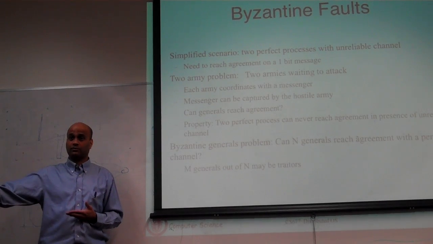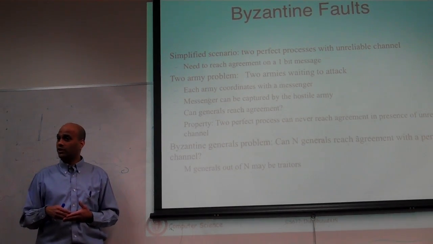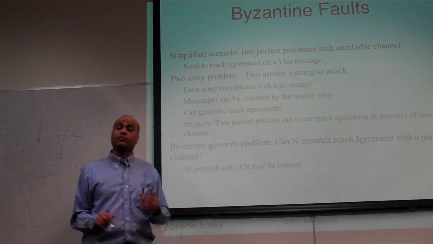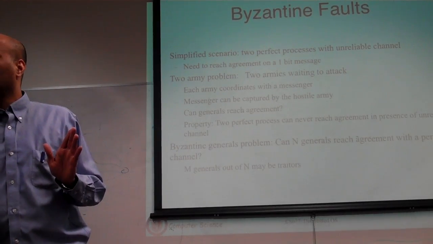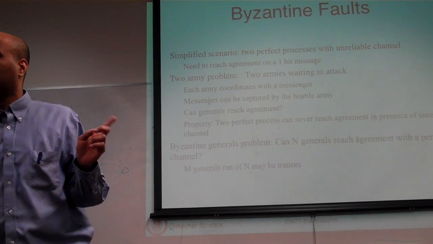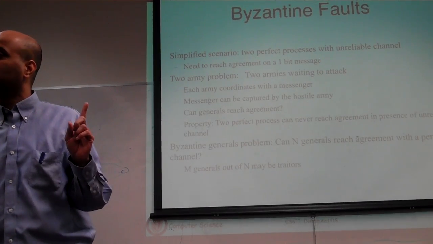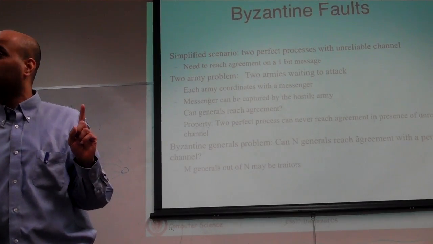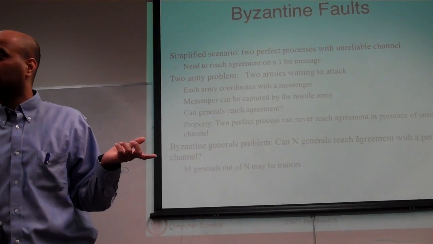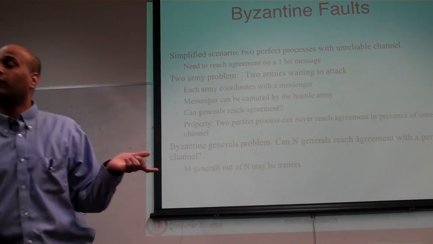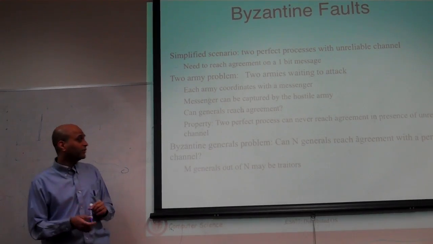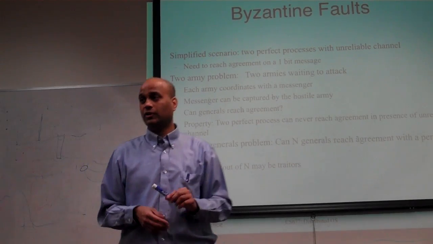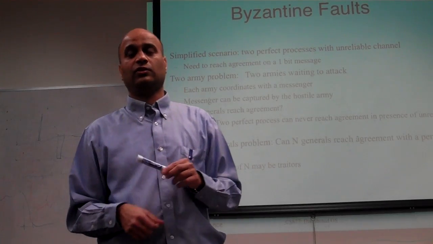We have not done security or encryption, but there are techniques that say if the channel tries to alter it, we can detect tampering. But if the message itself is faulty, if the general actually sent a bad message trying to trick me, I cannot detect that because I don't know which general is the traitor. So we are trying to figure that out. Okay, so perfect channels, but one of the generals is a traitor. So how do you go about doing this?